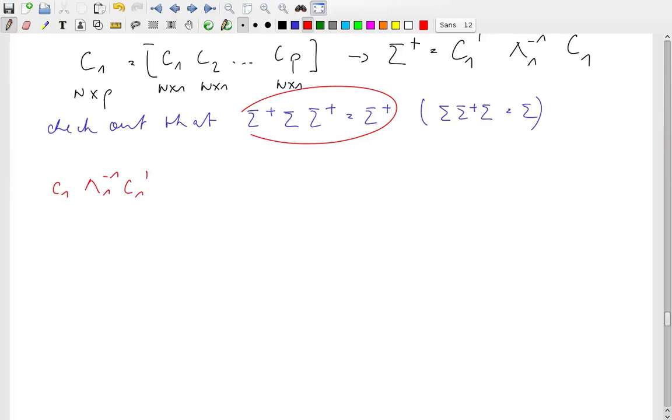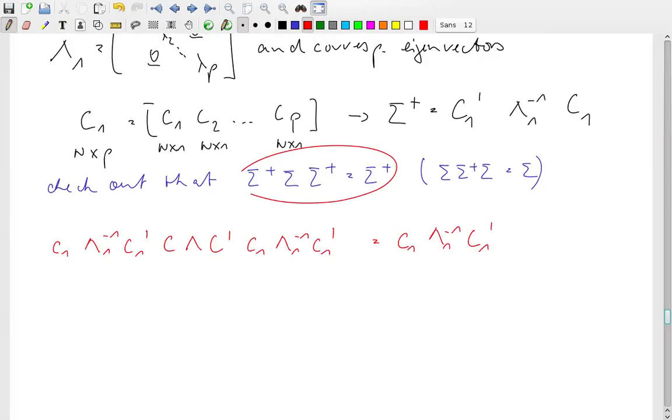So let's insert the concrete computation of the pseudo inverse in the expression. Okay, that's sigma plus. We need sigma, and I use the spectral decomposition of sigma for that purpose, and I have sigma plus again. Okay, and the claim would be that this is equal to sigma plus, that is C1 lambda 1 to the minus 1 C1 prime.